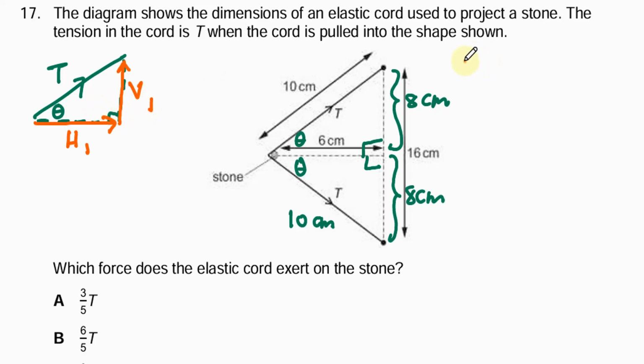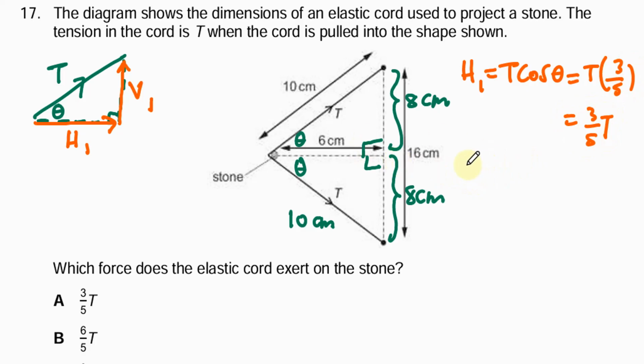Now, H1 will be T cos theta. Now the cos of theta will be 6 over 10, which is 3 over 5. So it's T times 3 over 5. So 3/5 T. Then V1 will be T sine theta.